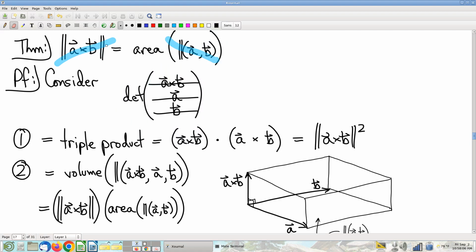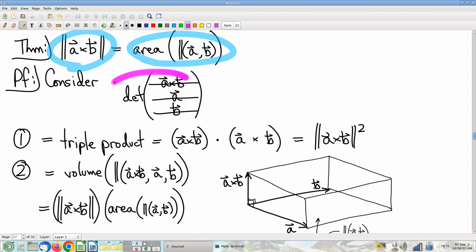The assertion is that the magnitude of the cross product is the area of the parallelogram defined by that pair of vectors. And the start of the proof is, for no apparent reason, to think about this third expression that doesn't immediately seem to equal either. In fact, it is not equal to either of the things that we're interested in. So, very clever proof. Again, I never would have thought of this on my own.